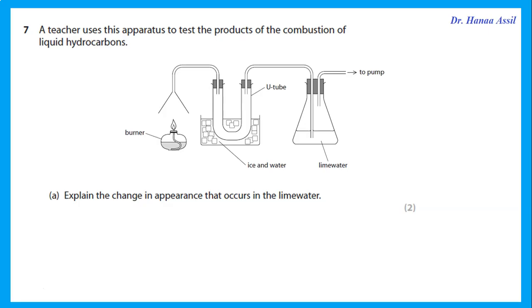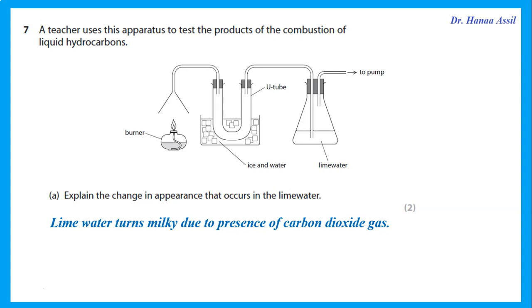Of course, if we're burning a hydrocarbon, you should know that one of the products is carbon dioxide gas. Now, if the carbon dioxide gas goes through that apparatus into the lime water, it turns milky due to the presence of carbon dioxide. And you should know why. You should know that lime water is actually calcium hydroxide.